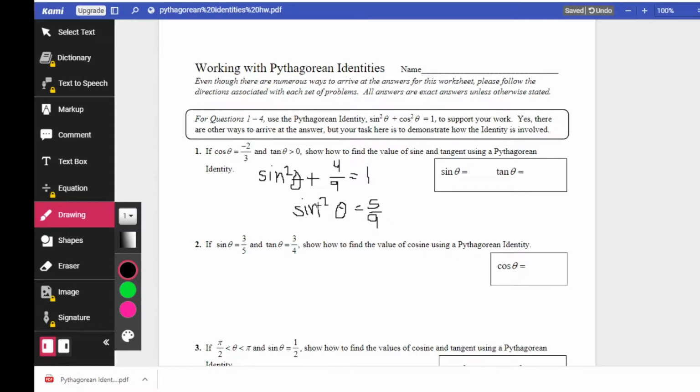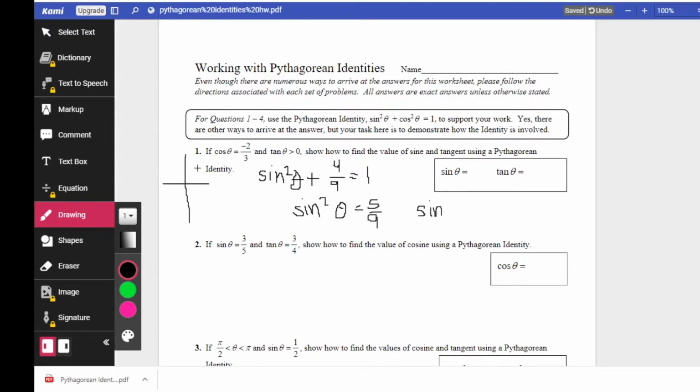So that means that sine is going to be the square root of this. Now, normally, if you're taking the square root of both sides, we would say it equals plus or minus the square root of 5/9. However, it does say that tangent is positive. So what that means is tangent is only positive in 2 sections.